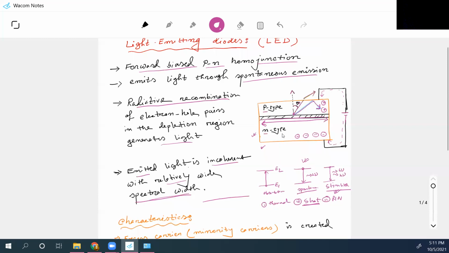A photon can be generated at any point, here, here, here, so there will be no connection between each other. The photons are generated independently. That's why they are incoherent.